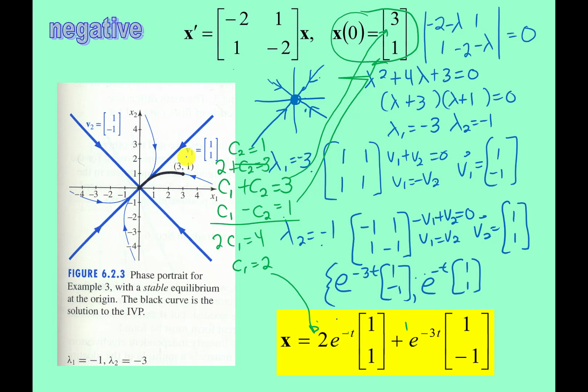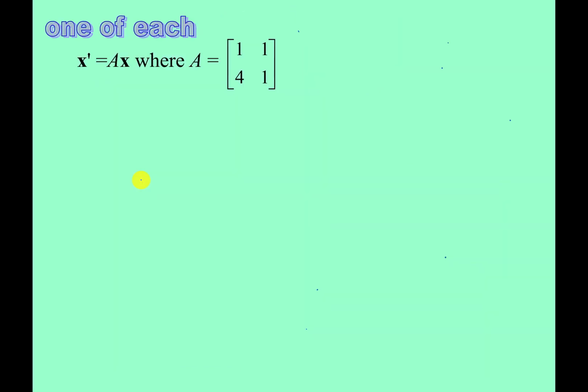The specific one that has the initial value of 3, 1 is here in black. All right, let's look at another example. This time again we're going to do A minus lambda I, which is 1, 4, 1 minus lambda, which puts negative lambdas down the main diagonal.